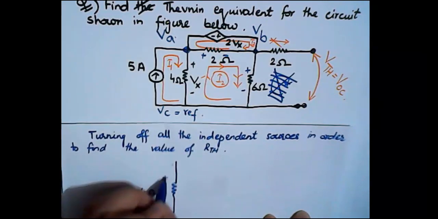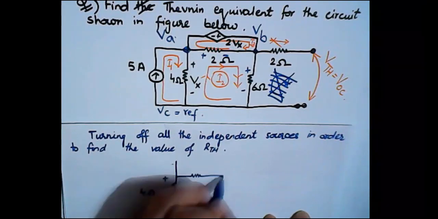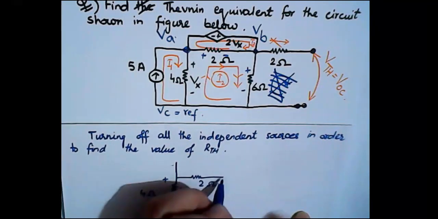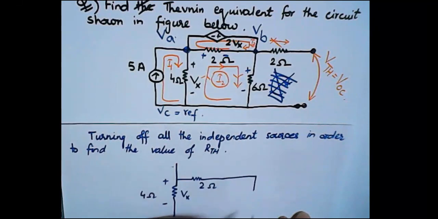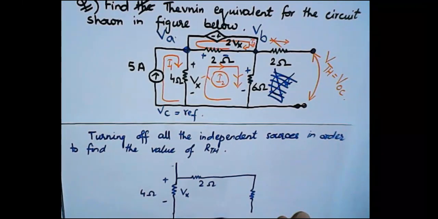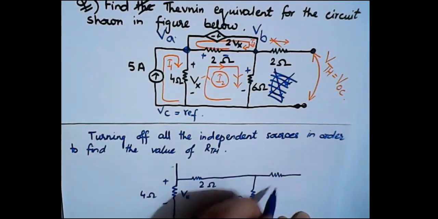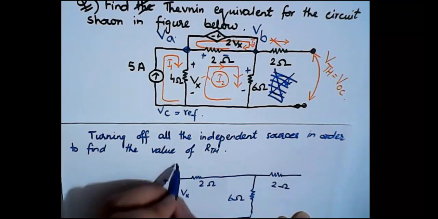Our circuit will now start looking like this. This is 4 ohms plus minus Vx. Then we have this 2 ohm resistance, then this 6 ohm resistance, and 2 ohms.